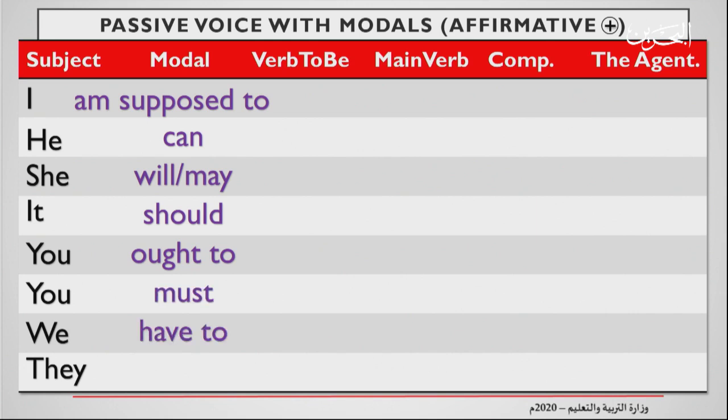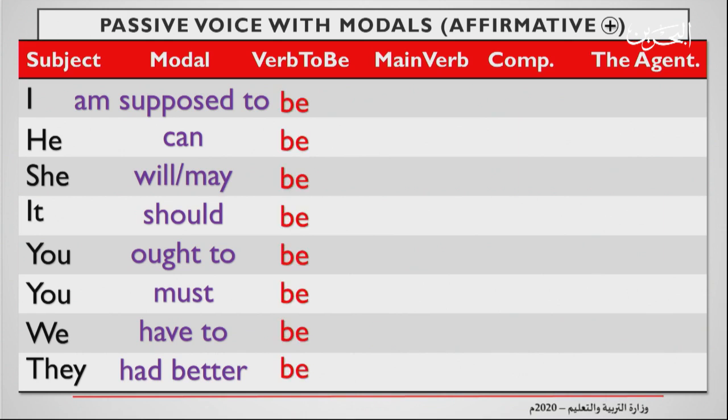You must. We have to. With have, you can say I have to, you, we, they have to. But he, she, it, you have to say he has to, she has to, it has to. They had better. So these are the modals.